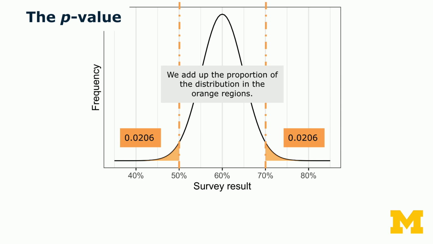What this means is that about 2% of our observations are in this range of 70% or more, and about 2% of our observations in this null world are at 50% or lower. So we've got about 2%, and just by convention, instead of talking in percents here, it's usually described in a number from 0 to 1, where 1 is 100% and 0 is 0%.